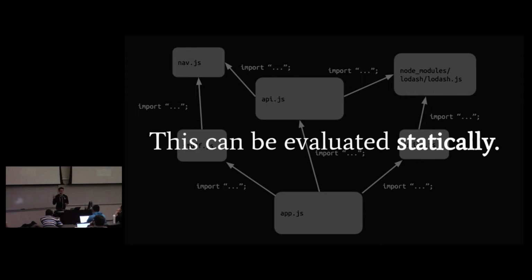What this means is that before you run any of the code, you can parse the syntax tree and determine statically what code can be run. This is not possible with a lot of other import functionality, but it is possible with this, and that's huge because it means that you can essentially traverse the tree of the code and determine what part of any given file is going to be run. That's what allows us to get rid of all the dead code.